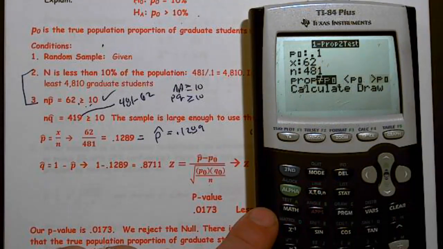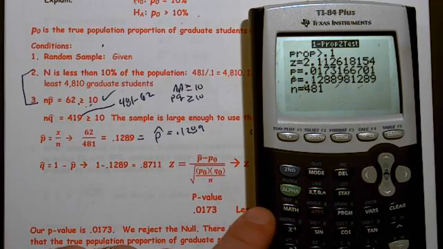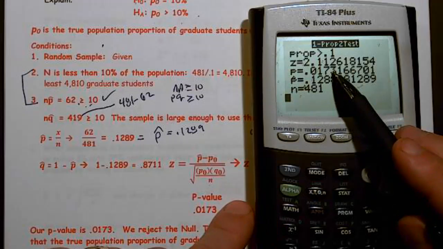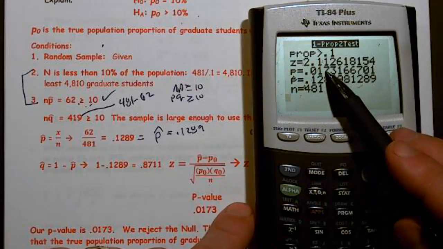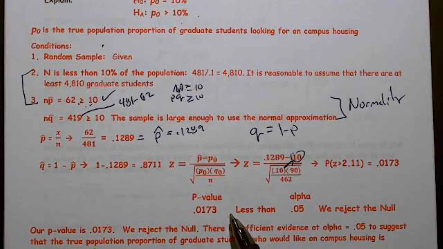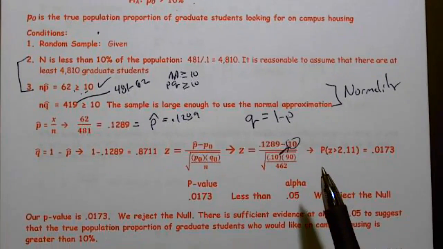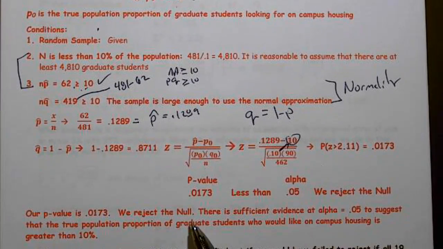And we were concerned about the actual being greater than. And sure enough, we get a z of 2.11 and a p-value of 0.0173. That p-value is less than our alpha of 0.05. We reject the null.